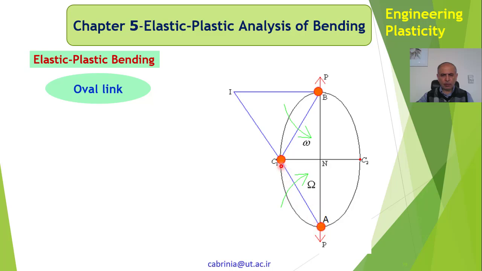But first of all, we are going to take the easy one, which is this one. And this link is symmetrical about the vertical and horizontal lines, about BA and C1, C2. So I'm just going to consider half of the link.